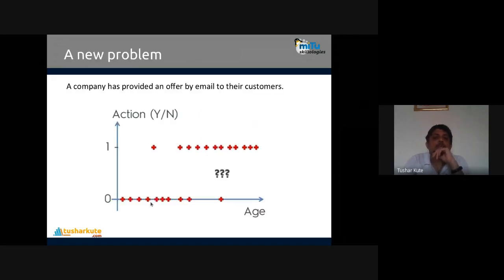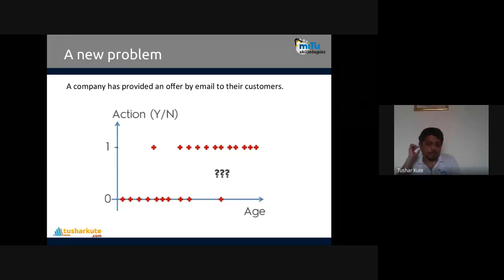Now let's see, my problem is something different. Then what will happen? How do we model it? I'll show you that also. Linear model. For example, a company has provided an offer by email to its customers. One offer is given to the customers by the company, and my input is the age of the customer, and whether they received the email or not.